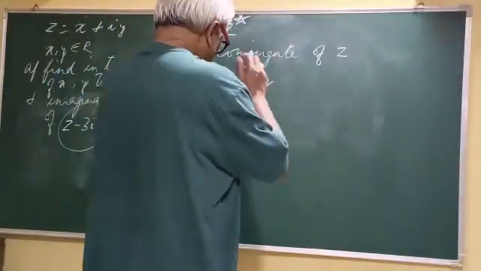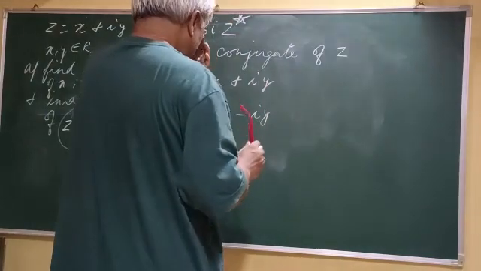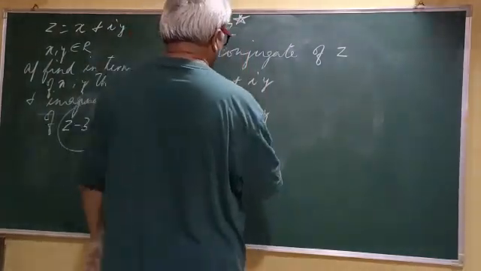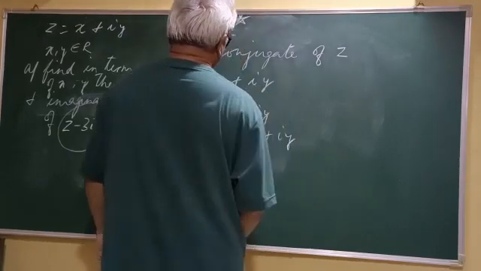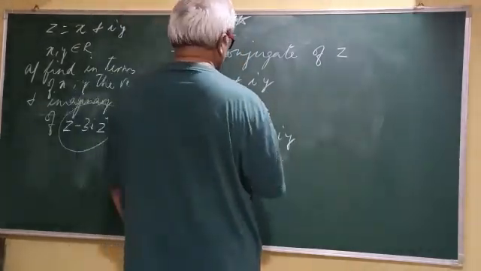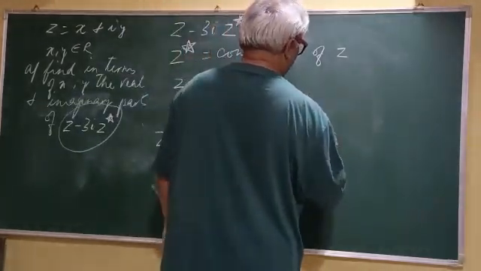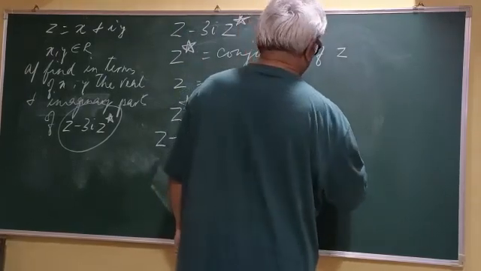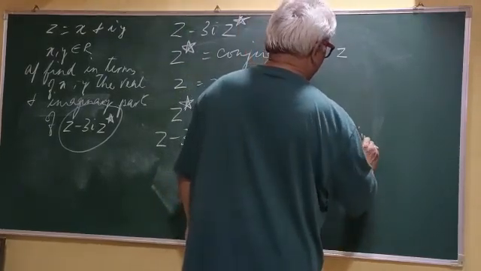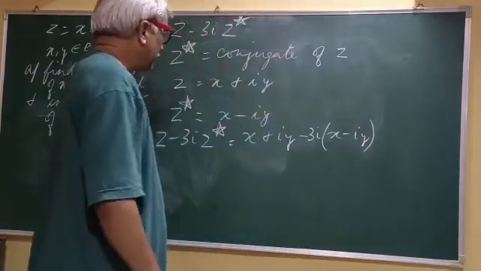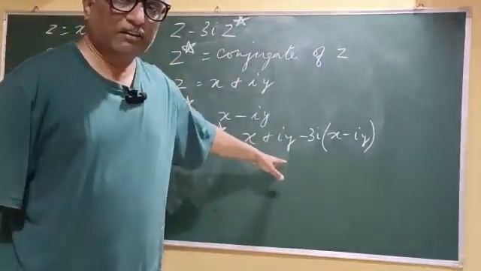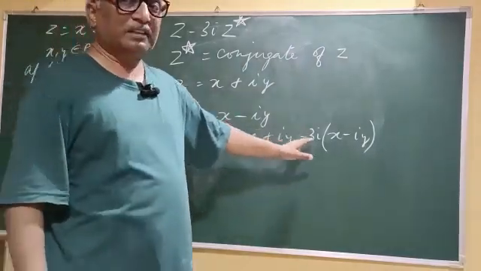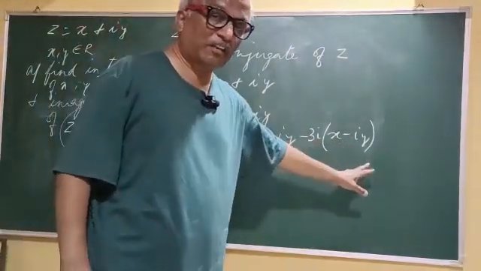So z minus 3i z star is x plus iy, which is z, minus 3i times x minus iy.